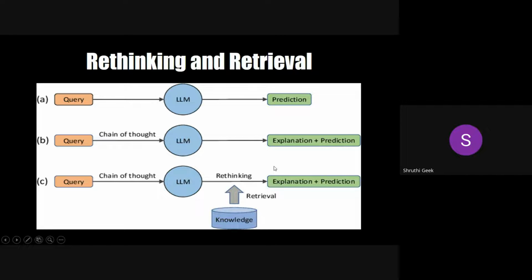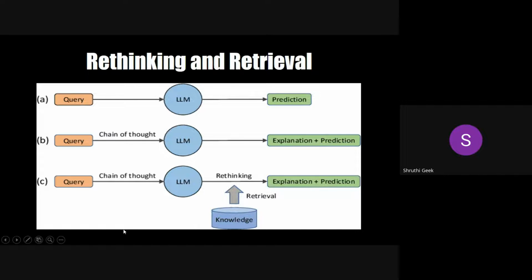This paper is actually named Rethinking and Retrieval: Faithful LLM Inference. It is an extension of CoT, where they have generated a diverse set of reasoning paths. So you have multiple paths R1, R2, R3, up to Rn generated.